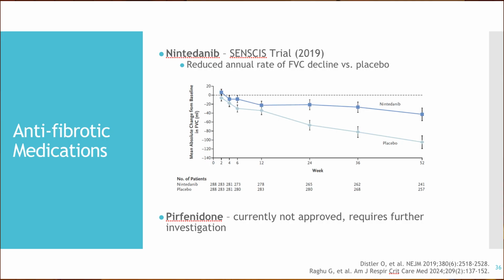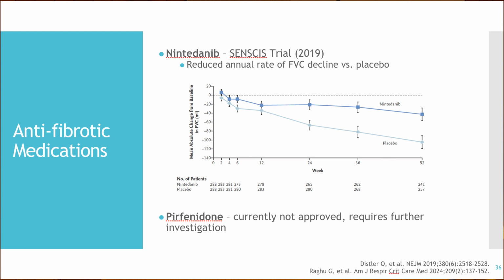Nintedanib has also subsequently been approved for patients with any subtype of ILD that progresses over time, or termed progressive pulmonary fibrosis, or PPF. So in addition to being used in scleroderma, it's really used in all of the different types of fibrotic interstitial lung diseases. The only other antifibrotic on the market right now is pirfenidone, or Esbriet is the other generic name for it.